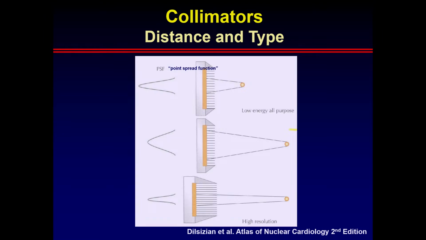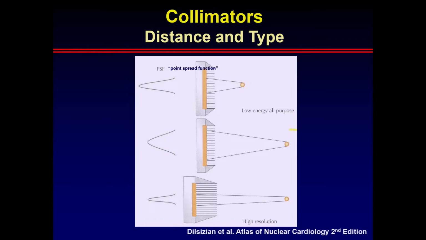But if you move the point source further away, look what happens to the full width half maximum and that point spread function. You can see it widens out tremendously. Okay, and so it's very important when we do SPECT imaging that we get the patient as close to the camera as possible to maximize our spatial resolution, okay?